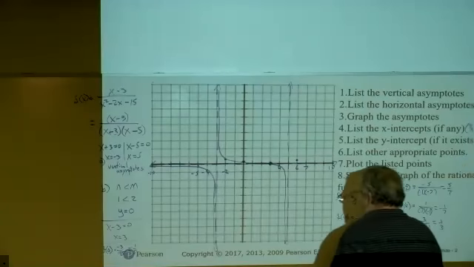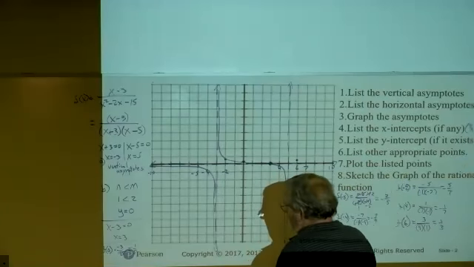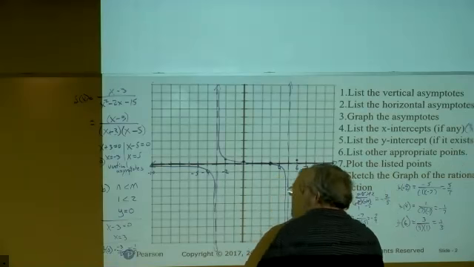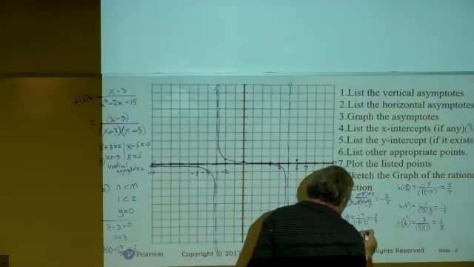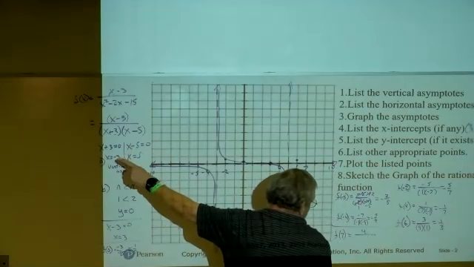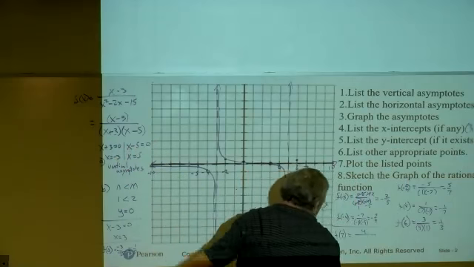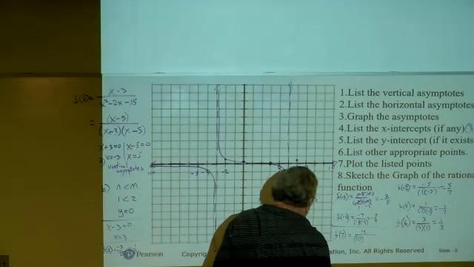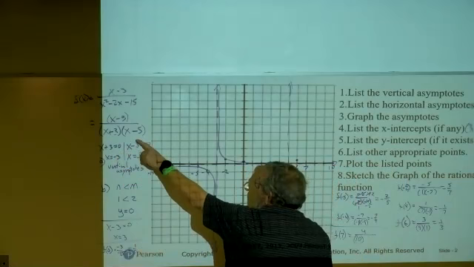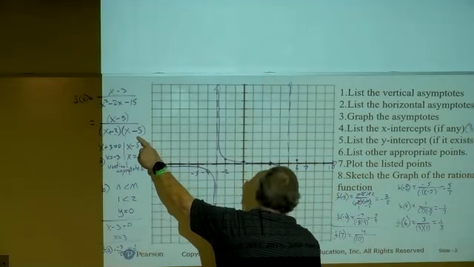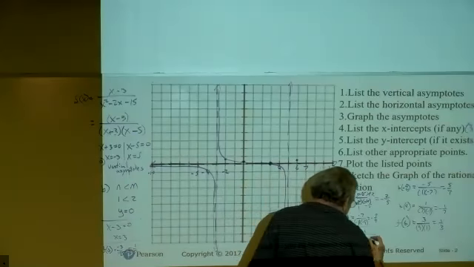Now we're going to find f of 7. 7 minus 3 is 4, so we have 4 in the numerator. 7 plus 3 is 10. So I'm going to be able to factor 2 out of that. And 7 minus 5 is 2.